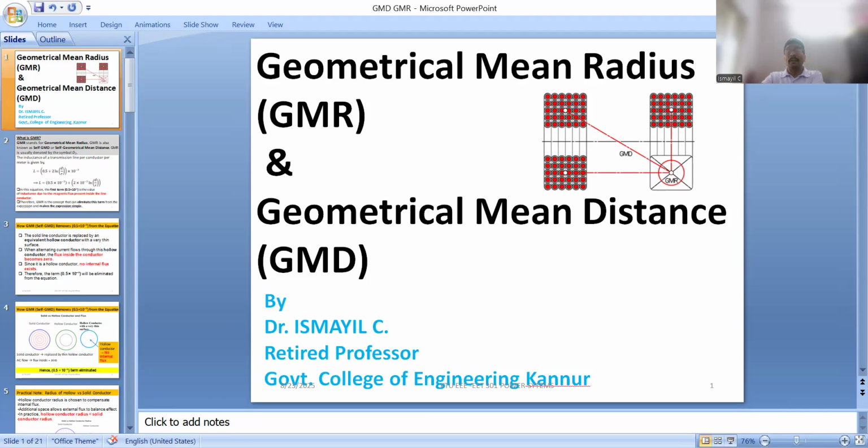If you think of a hollow conductor with a very thin surface, then we can fully eliminate the inside flux. That means if you replace the solid conductor by a thin hollow conductor, the AC flux inside the conductor will be fully zero. In this manner, we can eliminate the term 0.5 into 10 raised to minus 7 from the inductance equation.